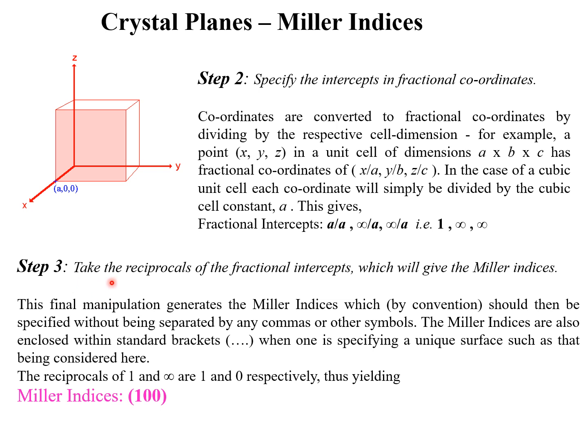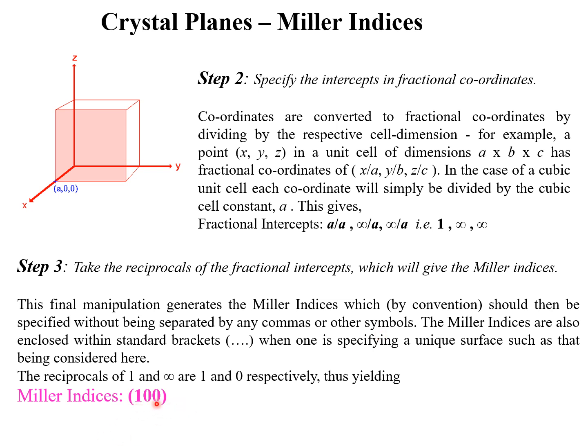Then the step 3, take the reciprocal of the fractional intercept, which will give the Miller indices. So the final manipulation generates the Miller indices, which by convention should then be specified without being separated by any commas or other symbol. When we write Miller indices, we have to write like this only, 1, 0, 0.